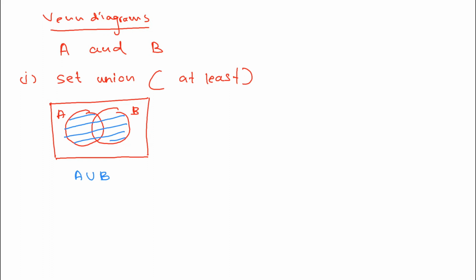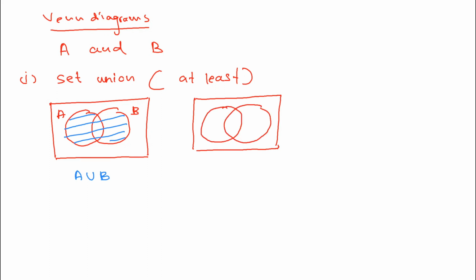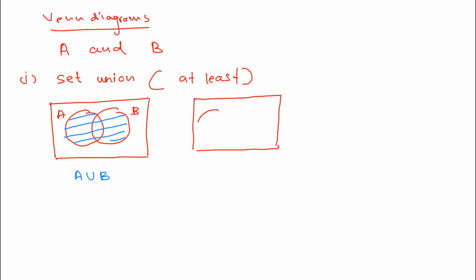So this is how you represent set union. And at the same time, if the two events A and B are mutually exclusive, which means occurrence of one event affects the occurrence of another event. That means both events cannot happen at the same time. They are called mutually exclusive events. So in that kind of situation, these two circles will not be joined, but they are disjoint.